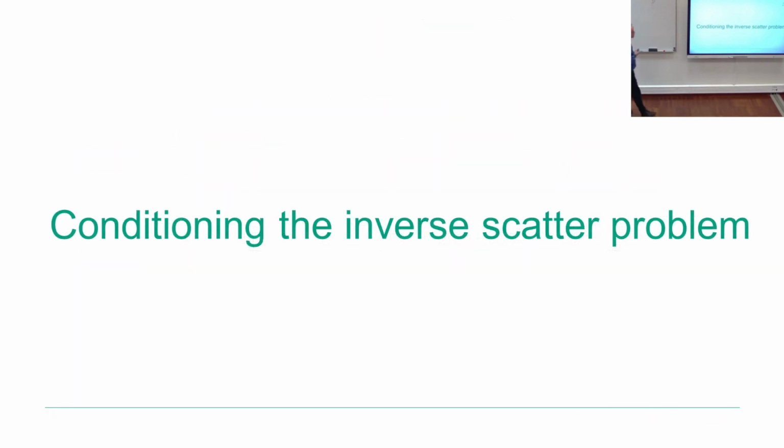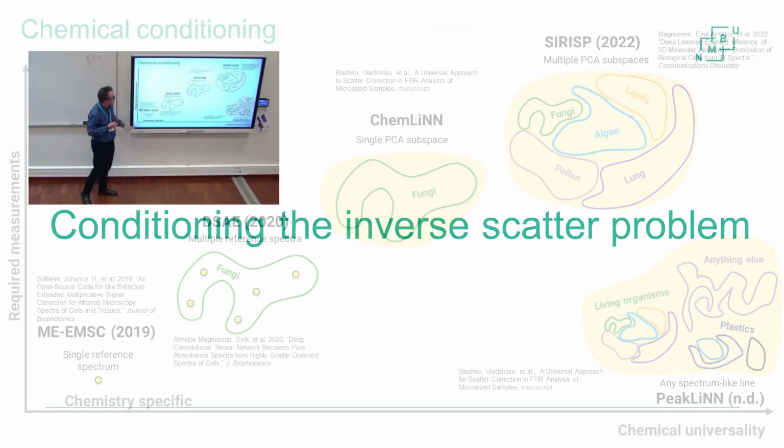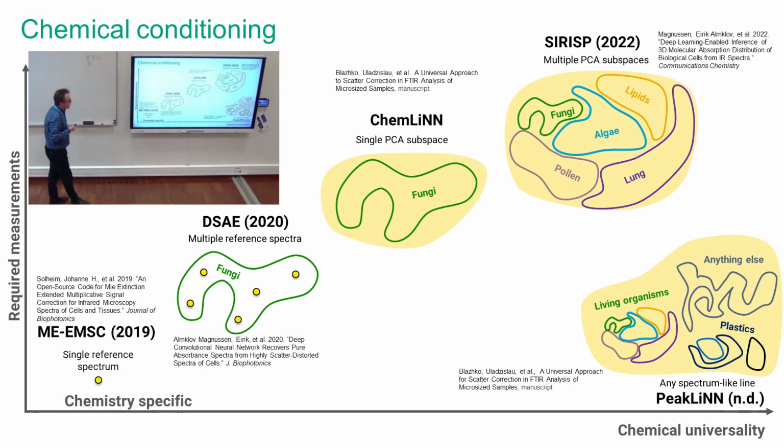So, conditioning the inverse scatter problem. When I talk about conditioning, what do I mean here? For this ME-MSC, the MSC for the Mie scatter correction which I showed you, we have something very chemistry specific. You can say we start with a single reference spectrum and search around this reference spectrum.